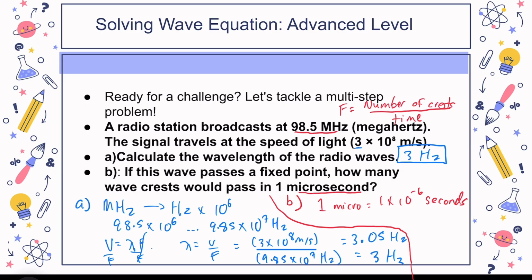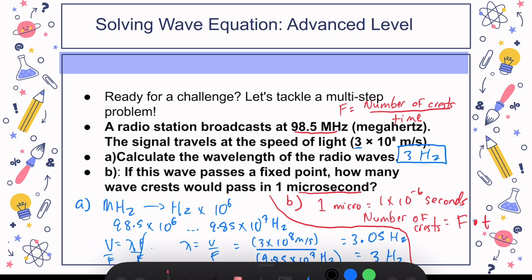And so what we could do here is, if we have the frequency, then if I'm thinking about what the number of crests would be, well, the number of crests equals the frequency multiplied by the time, right?